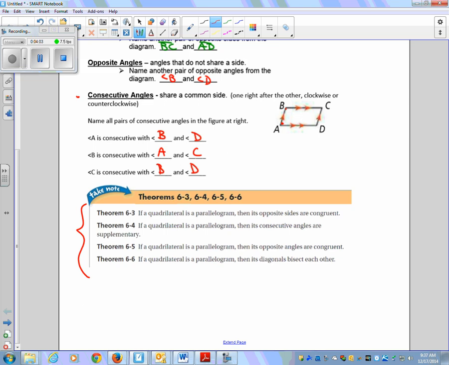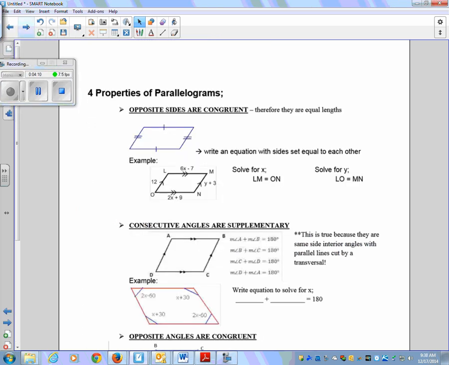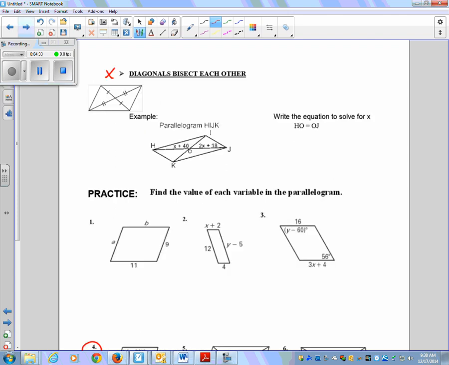The theorems are written here, but I'd like you to turn the page, because I've summarized them on this next page into four properties. These are the four properties that you need to know about parallelograms.